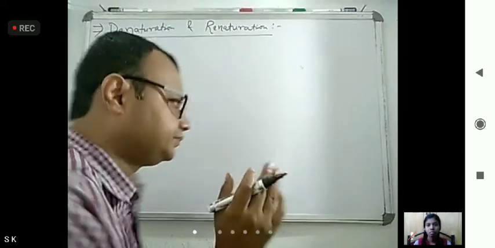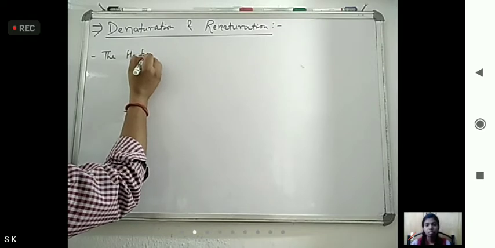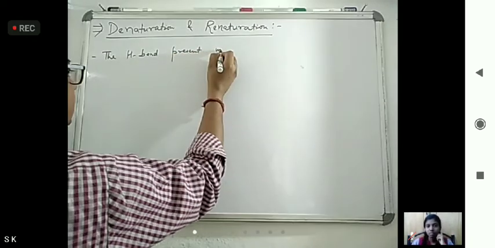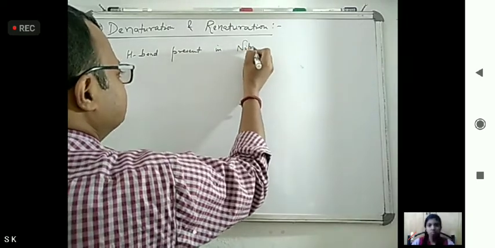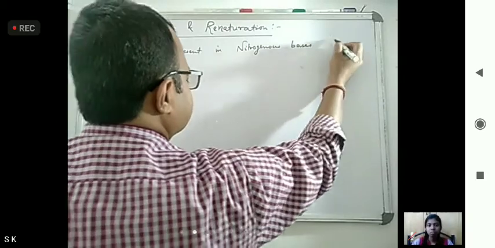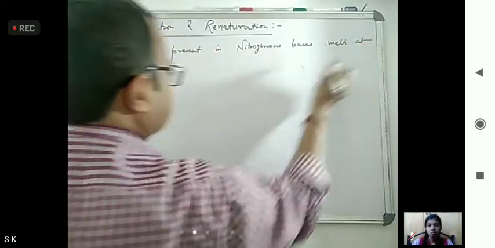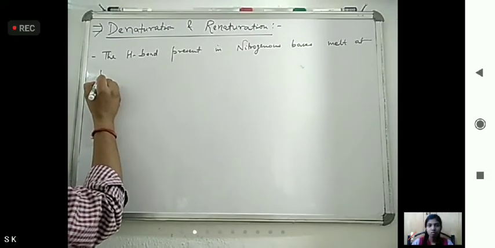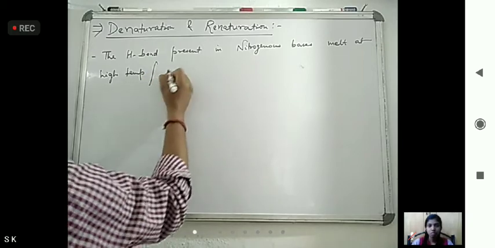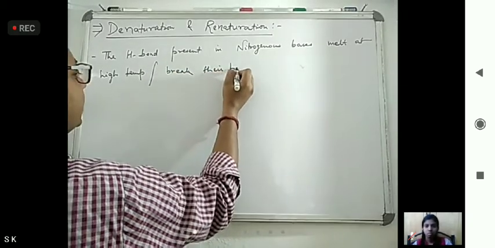So what I told, the hydrogen bonds present between nitrogenous bases melt, or we can say break their bonding, at high temperature.